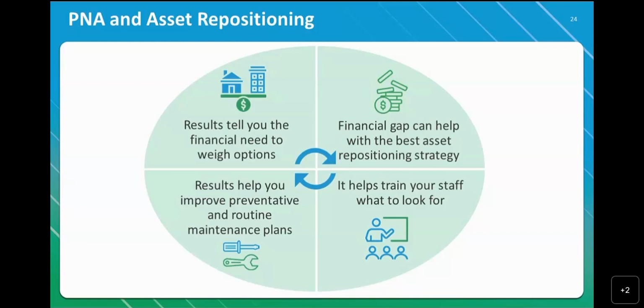It, of course, also helps to revise and tweak your routine maintenance plan because you know where your deficiencies are for sure. And if you know you need to replace HVAC, you make sure you have a good preventative maintenance program first for HVAC and don't just let them deteriorate, but then you also put them on a cycle for replacing them, because face it, most of the time we don't have the resources to do it all at once.